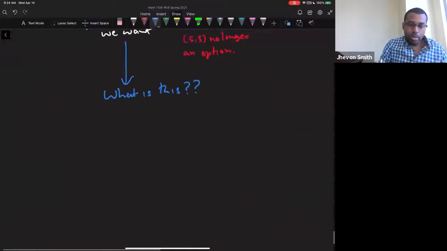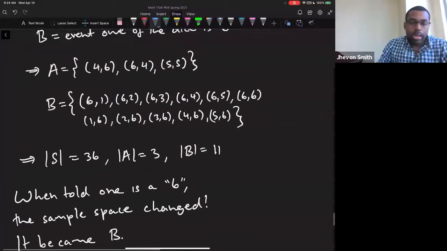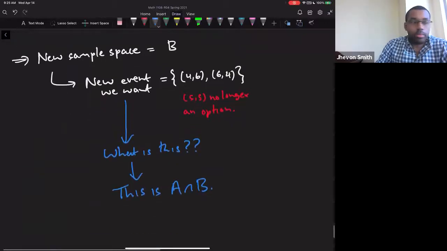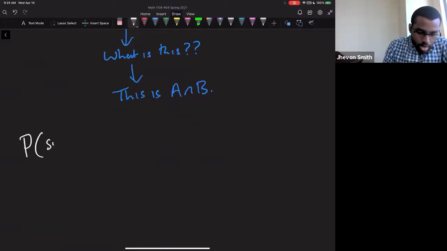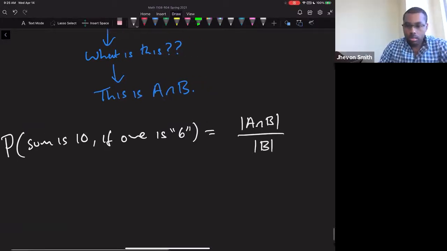So this is why we did set operations. It's actually the intersection, right? We want the guys that are in A that are also in B. 5, 5 was not in B. So this is actually the intersection of the sets. And so this means essentially the probability the sum is 10 if one is 6 is going to be the size of the thing we want over the size of the sample space, right?